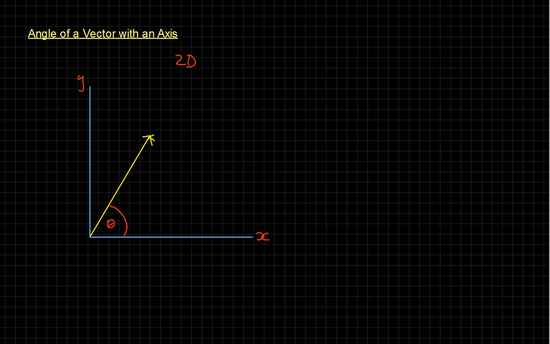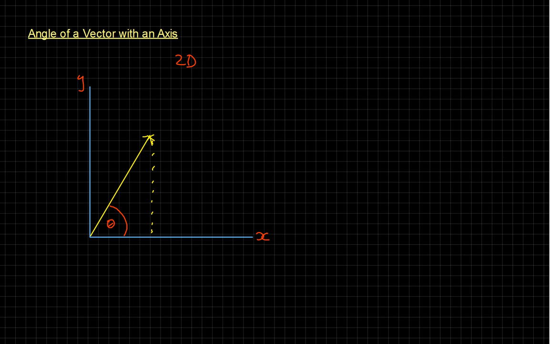And the way you find it is, you're going to do tan inverse of the opposite, which is that length, or the y value, over the adjacent, or the x value of that specific point. So there's only really one reasonable number you can apply when you ask the question, what angle does the vector make with the axis, or the x-axis, as long as you know you're specifying with respect to what. And that's the 2D case.